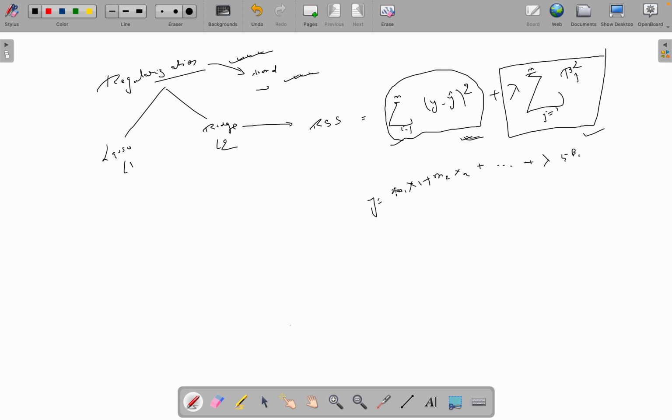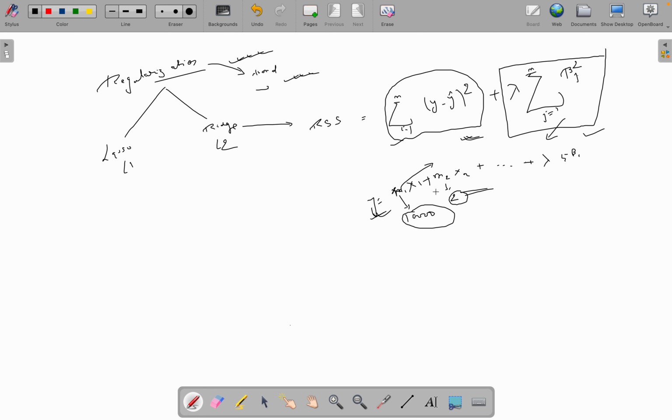If some coefficient like m1 is coming as 10,000 and another is coming as 2, by penalizing this we are ensuring that every coefficient will participate in the model.